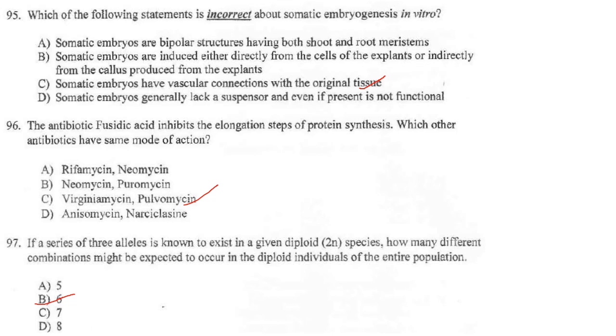So the expected number of different combinations that can occur in the diploid individuals of the entire population will be 6. Answer is option B, that is 6.